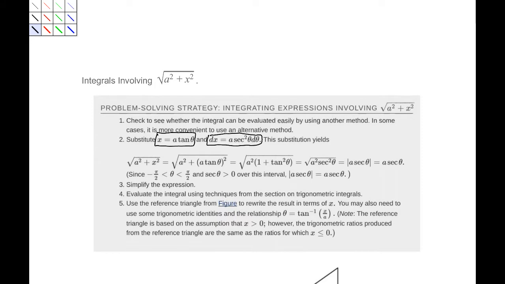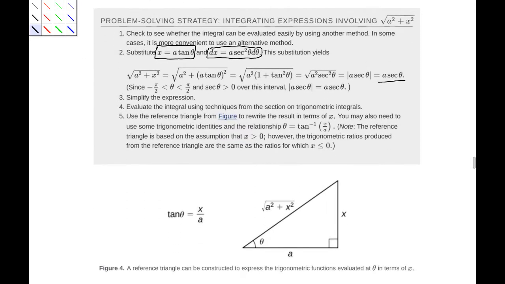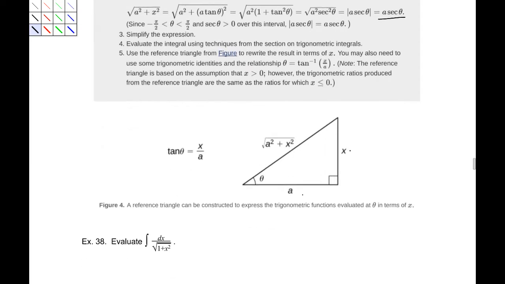And this actually will yield an a secant theta. Okay, so here is the reference triangle for that. Tangent, okay, if we use that substitution, then that's x over a, opposite over adjacent, and then our third side is the square root of a squared plus x squared, which is what we're trying to work with in our integrand. So let's keep that in mind, and then we'll move along. So write down what you need to.